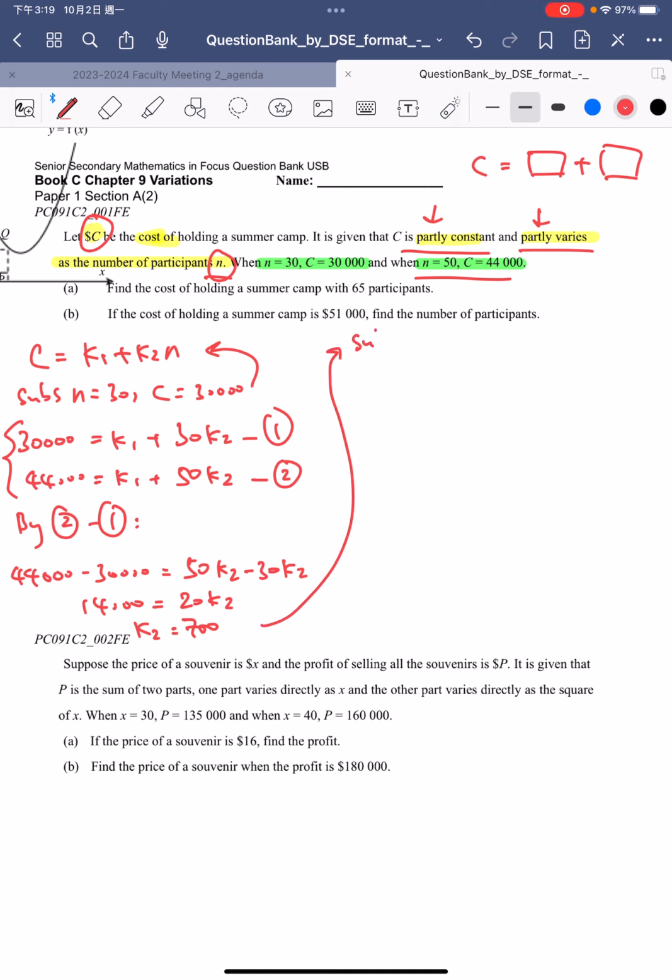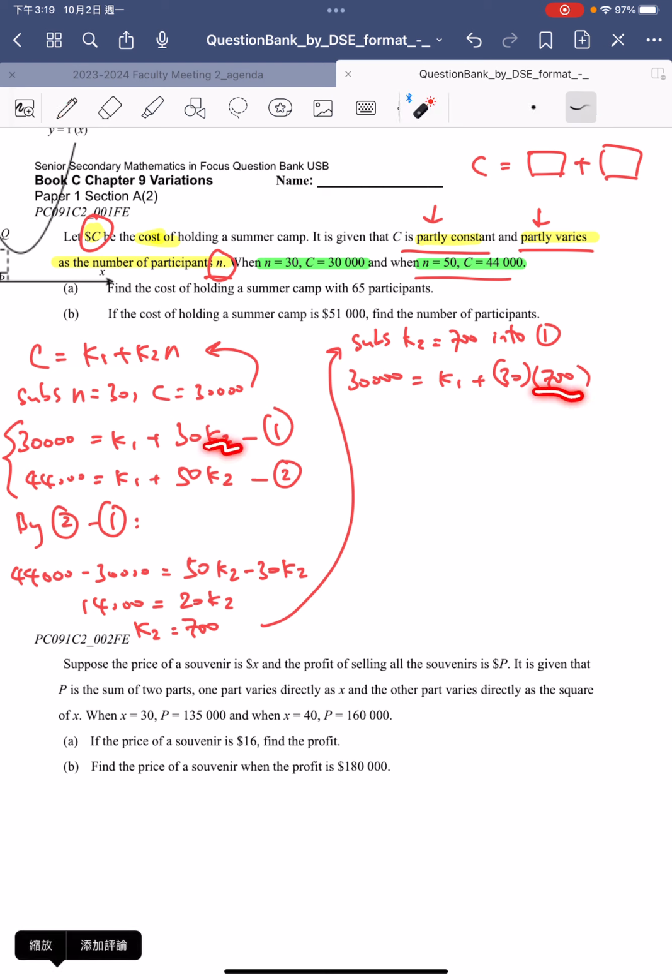Then we substitute K2 equal to 700 into our first equation to get 30,000 is equal to K1 plus 30 times 700. As K2 is going to be 700, so we substitute in. Then we do this by using the calculator. We can get 30,000 minus 30 times 700, which gives you 21,000. Then you subtract it, and you get the answer 9,000.